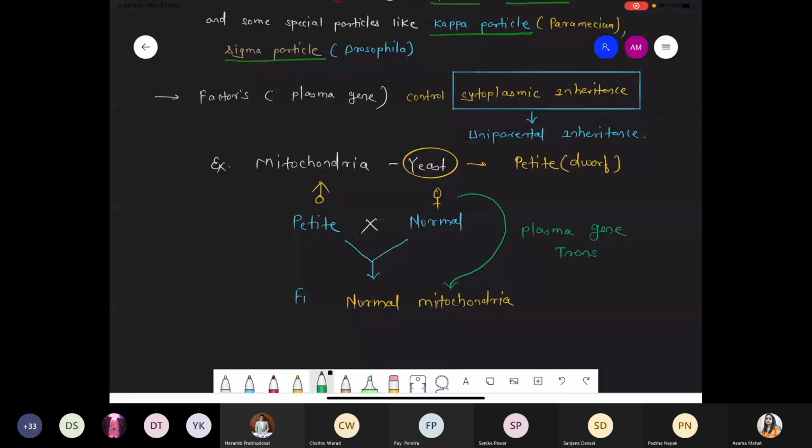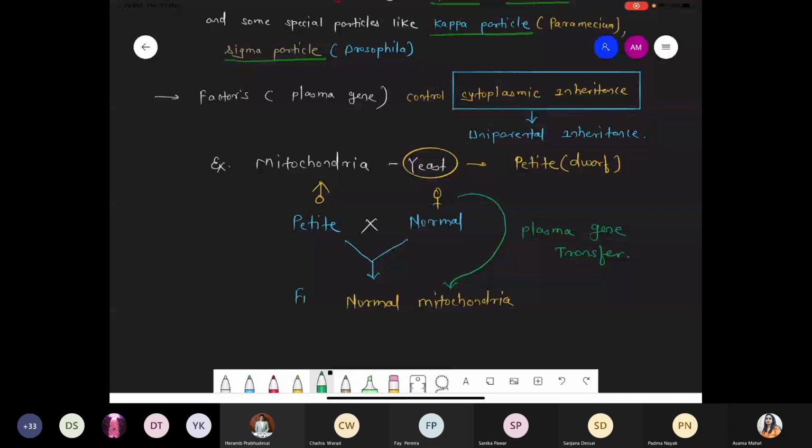So in all progeny the plasma gene gets transferred, and due to that plasma gene, all progeny obtain normal mitochondria. This also comes under maternal inheritance or cytoplasmic inheritance, where some specific factor, some plasma gene, transfers from only a single parent, and in this condition the plasma gene is transferred from the female body.